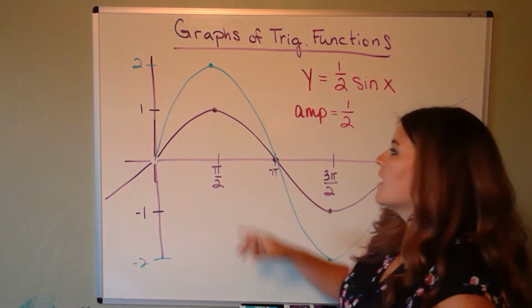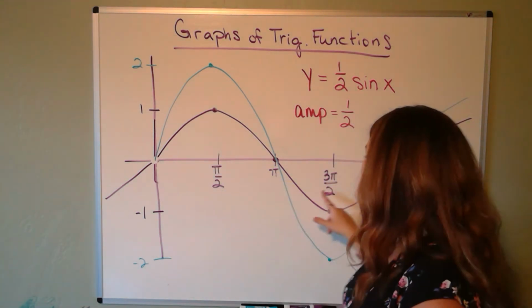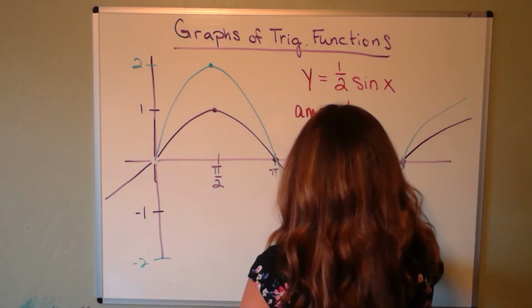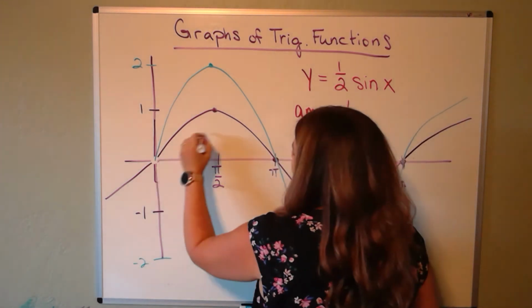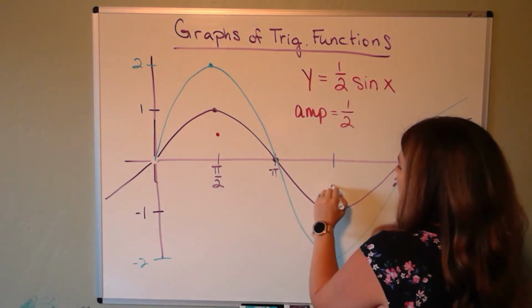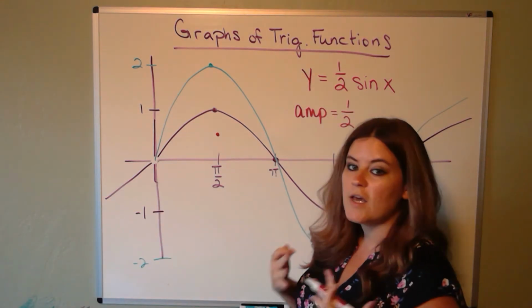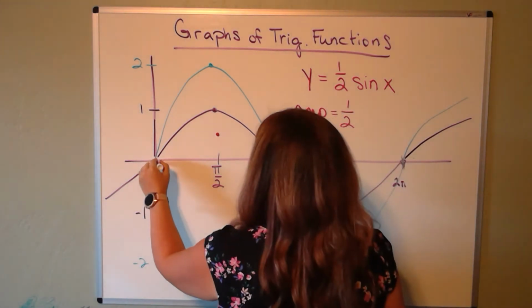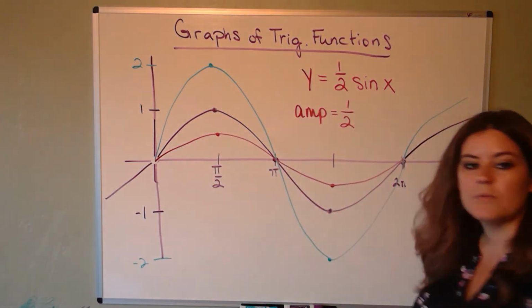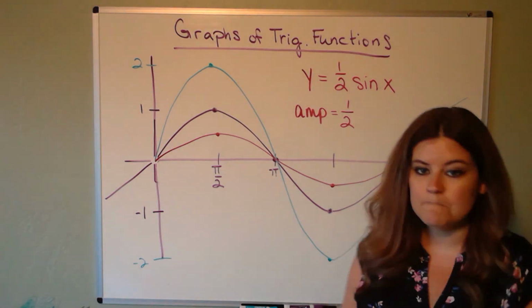It means that my high point can't go up to 1, it can only go up to 1/2, and my low point can only go down to -1/2. So the high point now is here, and the low point is here at -1/2. But everything else is the same. Nothing else is changing except for those highs and lows. And that's what we get, you guys. So this is y equals 1/2 times sine x.